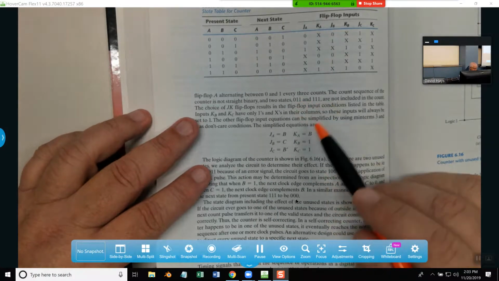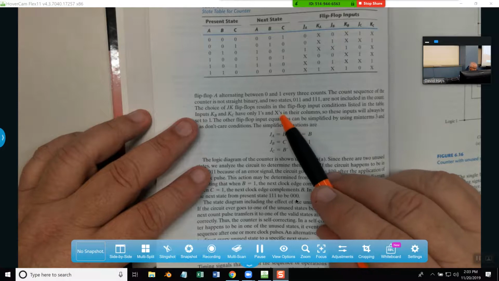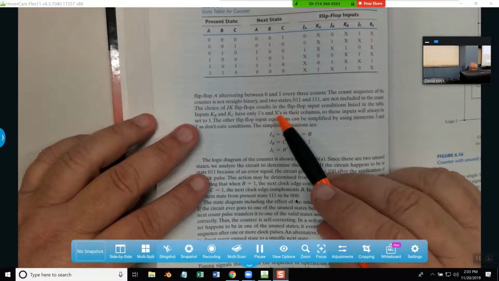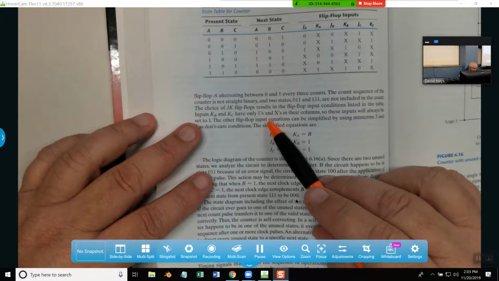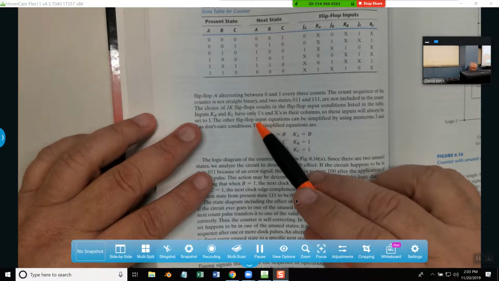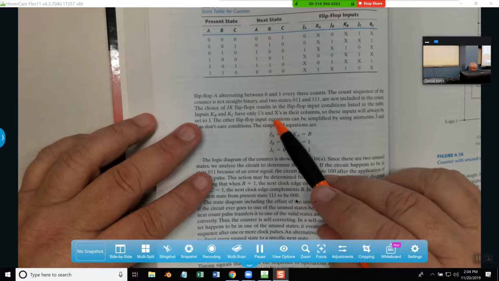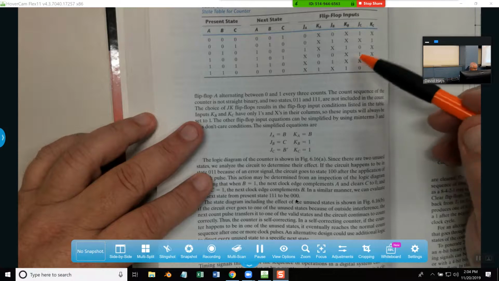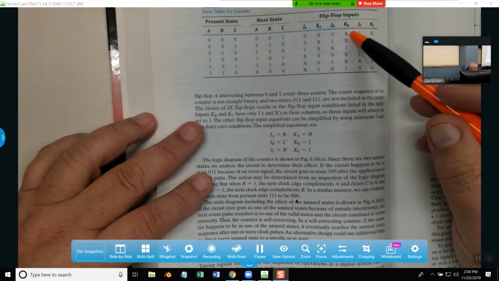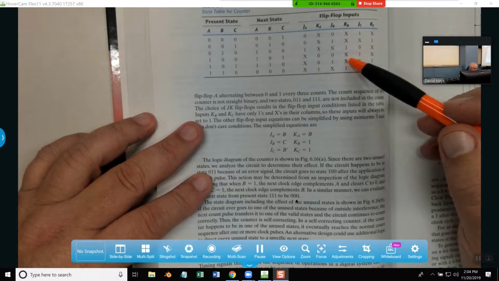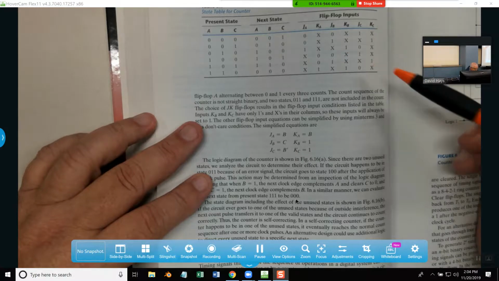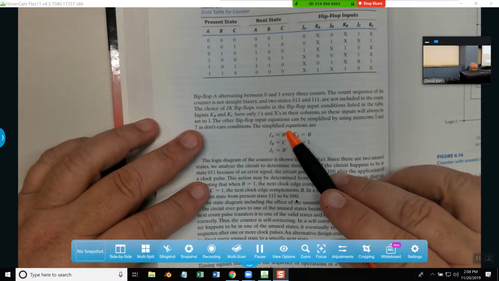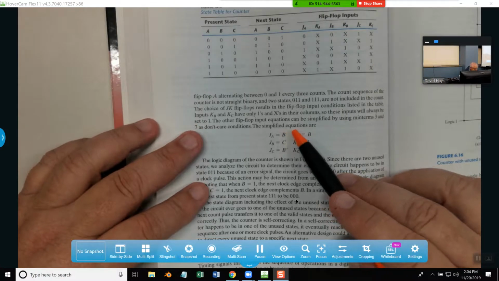The choice of JK flip-flops results in the flip-flop input conditions listed in the table. Inputs K sub B and K sub C have only 1s and X's in their columns. So these inputs will always be set to 1, because it doesn't matter what the X's are.